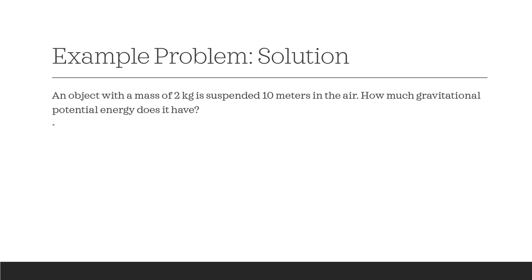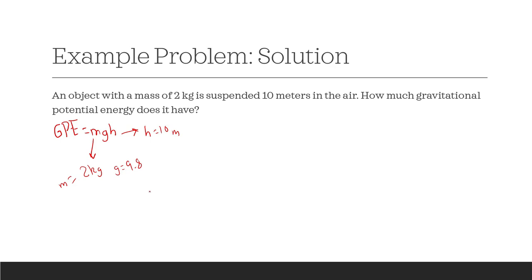Okay, so working this problem out, first we want to start off with our formula. And since this is gravitational potential energy, we just covered that GPE equals mgh. In this case, we know that our mass is 2 kilograms. Gravity is, of course, going to be 9.8. And our h, we know, equals 10 meters.